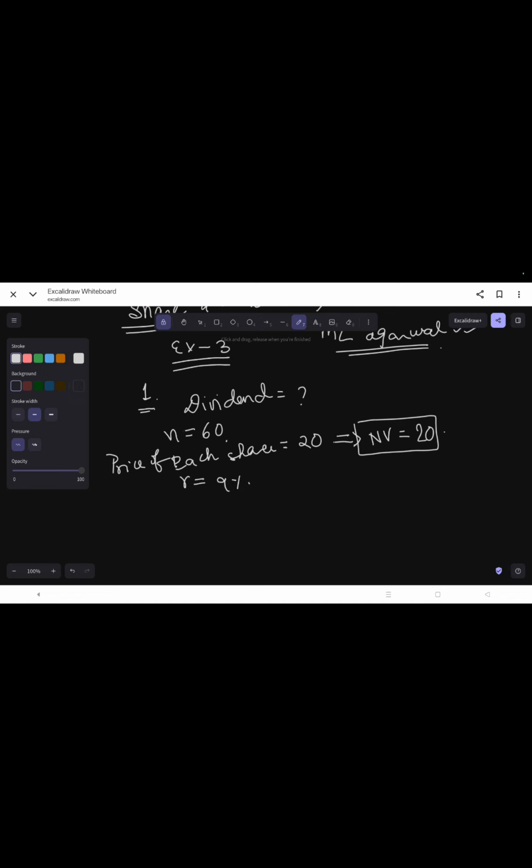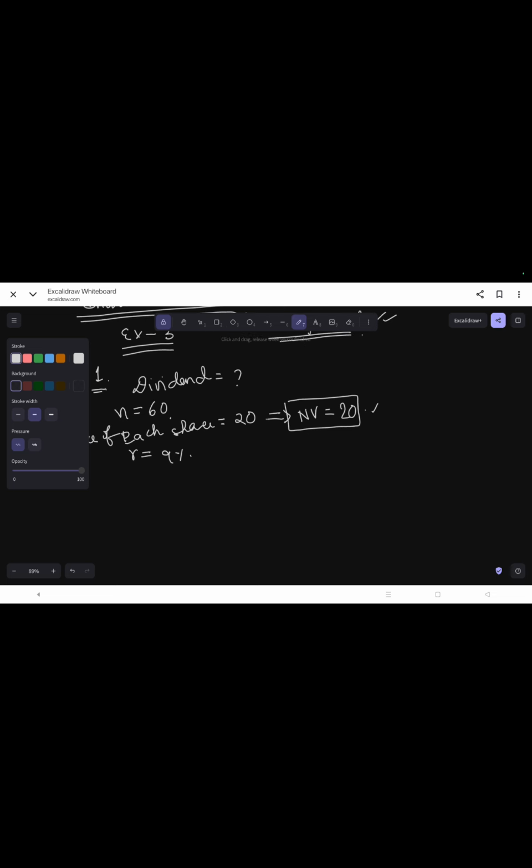Now some of you are asking where this nominal value came from. We have two kinds of values: one is nominal value, one is market value. Nominal value is nothing but the original price. If the price increases or decreases, then it is the market value.